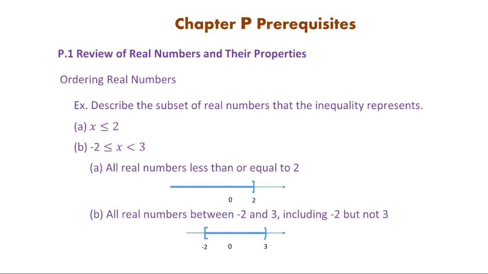So we use a thicker horizontal line to represent all those numbers on the left side of 2. And we put the bracket opening to the left, since the number 2 is included in this set. All right, clear? Does it make any sense?